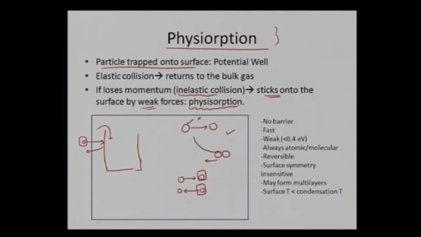In this case, we can see that we have a zero potential, and then it stays in the potential well for some time. So keeping it as a potential, initially we have a zero potential, and then this is the surface of the adsorbent, and then we see the particular atom or molecule or ion come and sit, and it gets entrapped into the potential well.